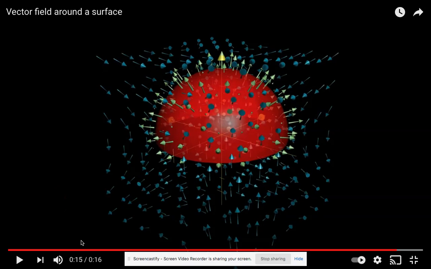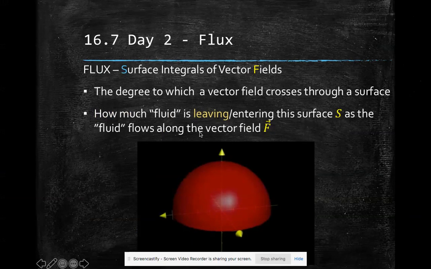So we want to know the degree to which it crosses through. If you think of the vector field as a fluid, that's why I put fluid in quotes, how much of it is leaving this surface as the fluid flows along the vector field. I have leaving highlighted because leaving is coming out of the surface and entering is going in. And I said most times when we're talking about flux, we're talking about coming out.